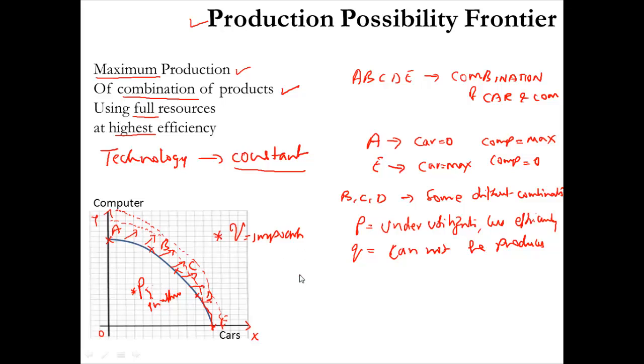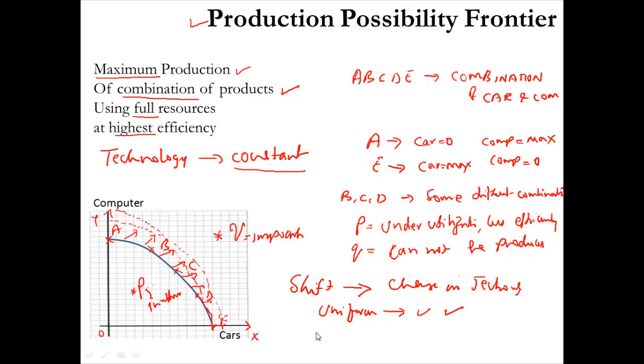So there will be a shift because of change in technology. Now shift is uniform towards the right if technology impacts both car and computers in the same extent.